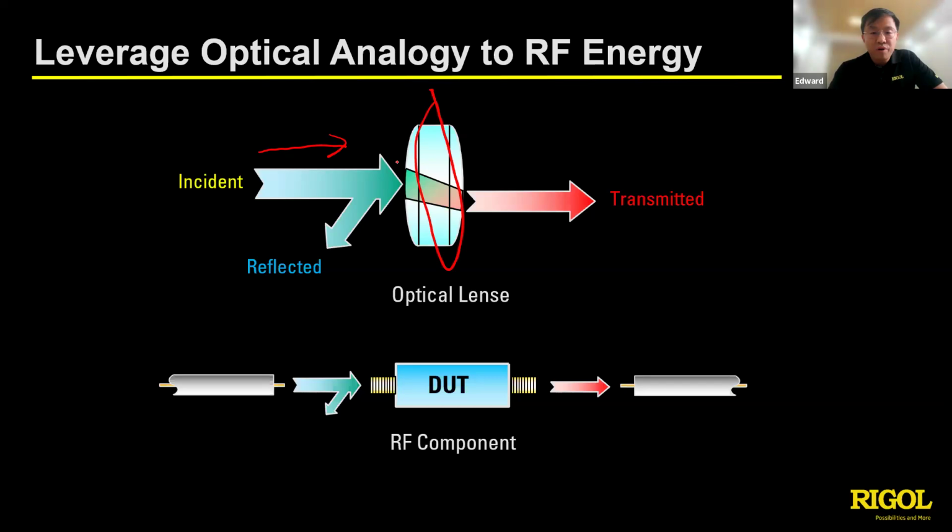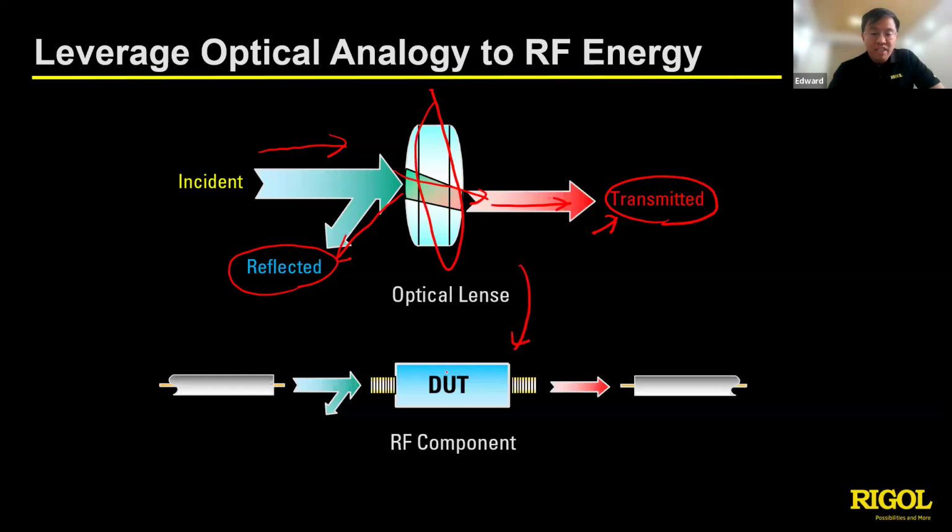Some light will be transmitted through this lens, so we get transmitted signals on the right-hand side. But some of the light will be reflected in these directions. So it includes both the reflected and transmitted parts, and we can make it equivalent to the electrical network.